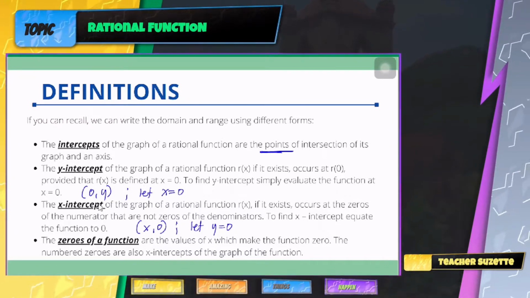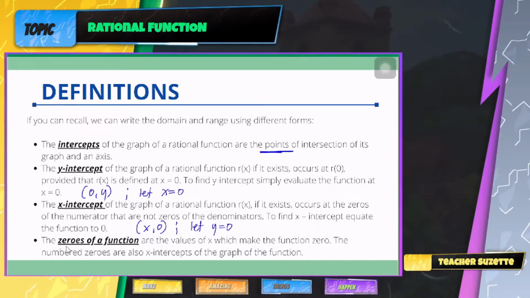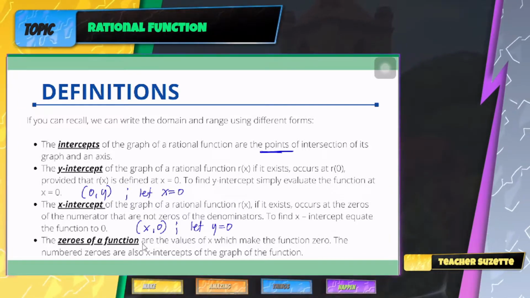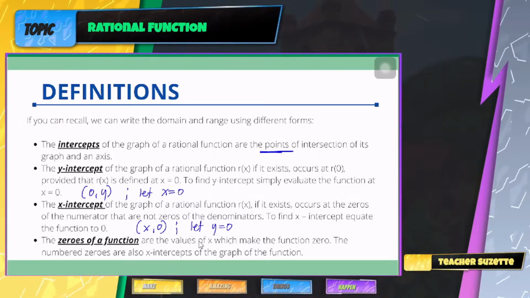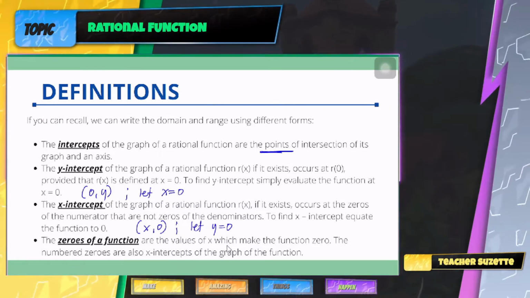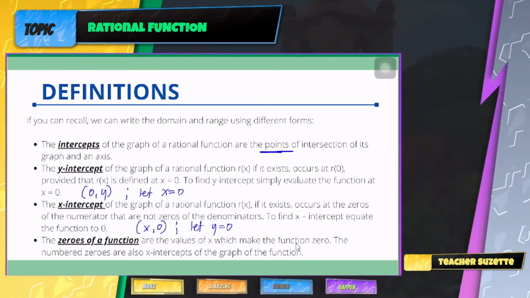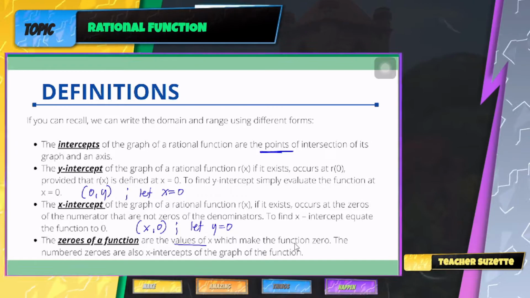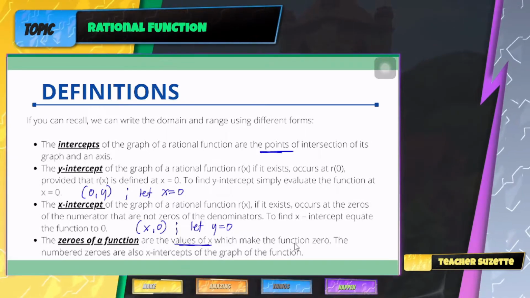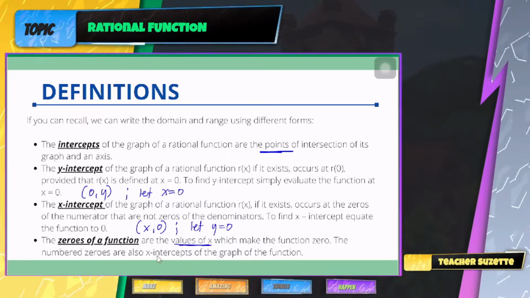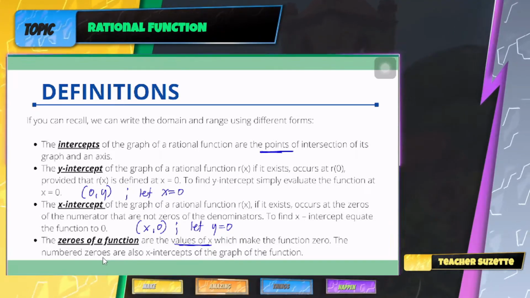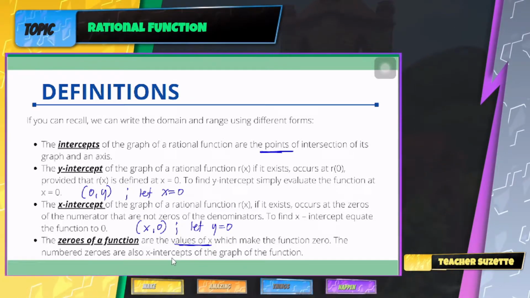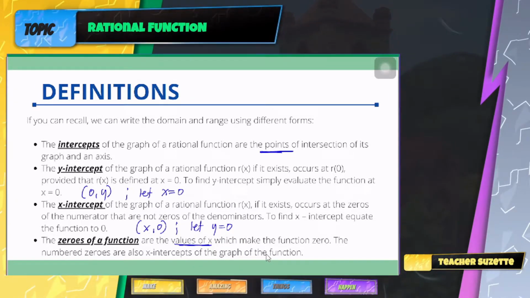And another term associated with x-intercept is the zeros of a function. So, this is a value of your x which makes the function 0. So, value siya ng x. And note that the zeros are also the x-intercepts of the graph of the function.